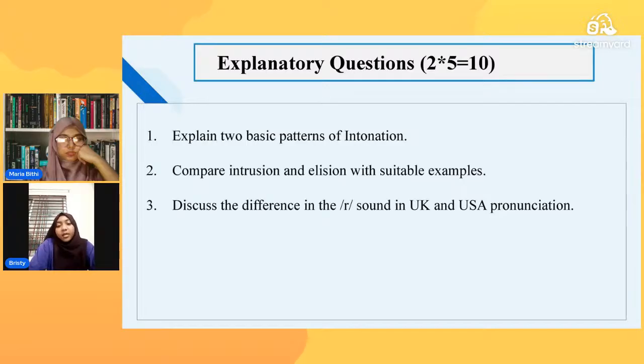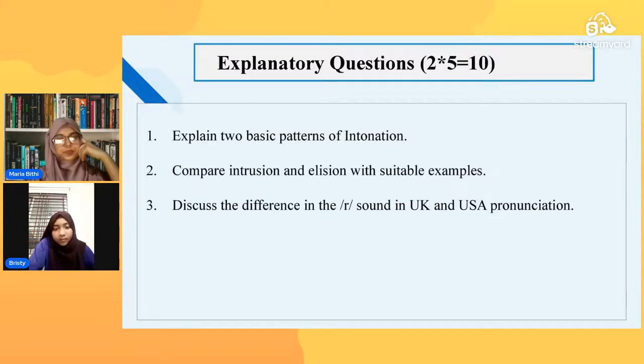The pitch begins to fall on the accent syllable and it continues till the tone unit. It is falling intonation. And then the pitch begins to rise on the accent syllable and it continues till the tone unit. So it is rising intonation.